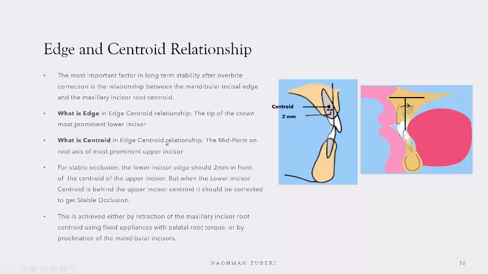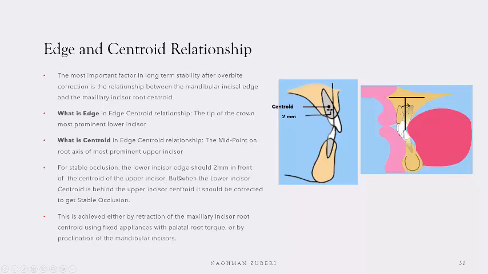In this edge centroid relationship, the centroid is the midpoint on the root axis of the most prominent upper incisor. And there should be just 2 millimeter distance. For stable occlusion, the lower incisor edge should be 2 millimeter in front of the centroid of the upper incisor. Again, an important point. A question could come in your board exam about it.